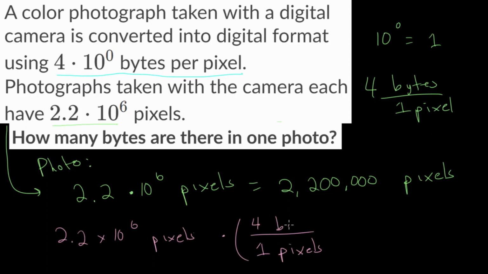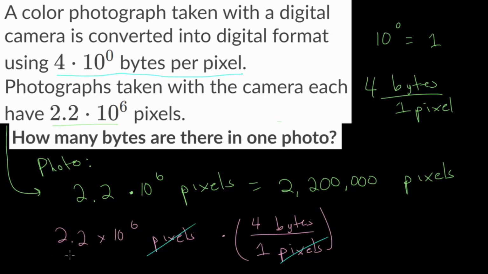So our 4 bytes go up top. And since we have pixels up top and down below, they will cancel each other. We will just end up with the unit that we're looking for, the total number of bytes in one photo.